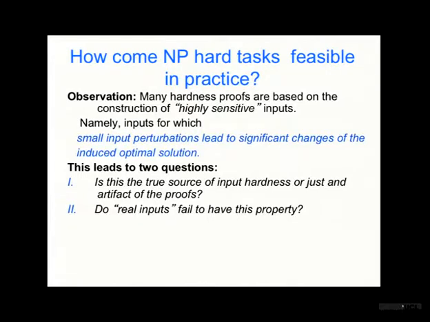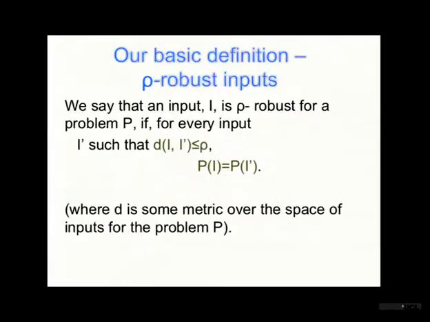And the other important question is, do real inputs have this robustness to perturbations, or could it be the case that real inputs are also such that small perturbations will switch them from answer yes to answer no? And of course, formally I will only be able to address the question of whether this is the true source of hardness. It's very difficult to formally address the question, do real inputs have this property?